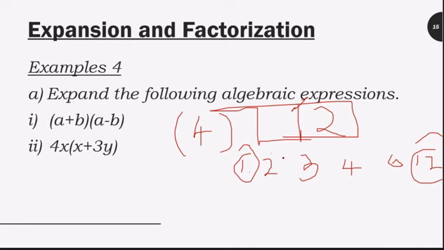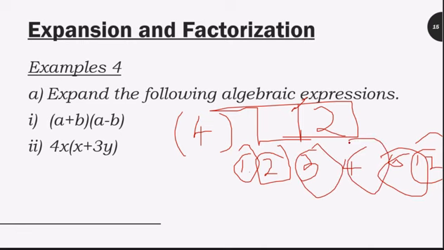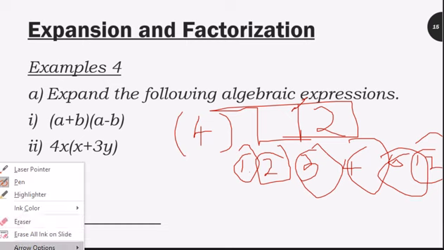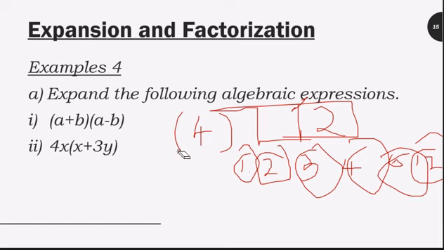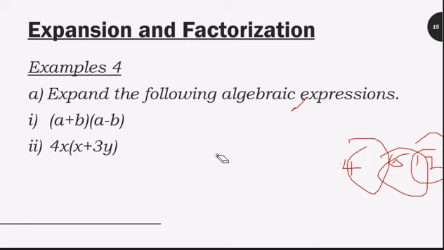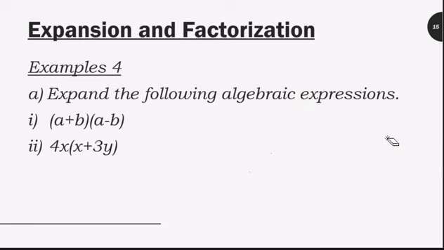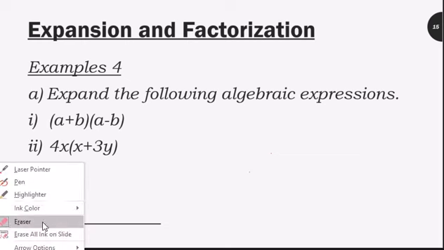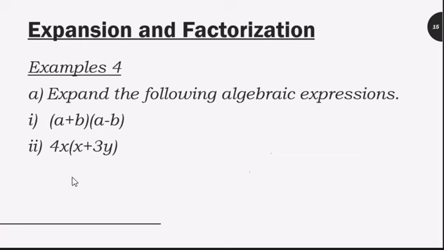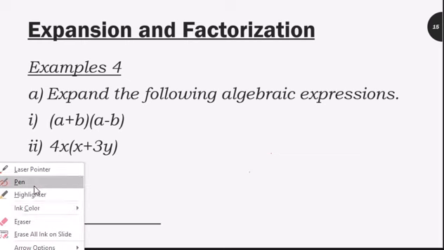In the same way, it applies to letters. If you have letters like xy, then the factors will be x and y. You multiply x and y, you get xy, back to xy.